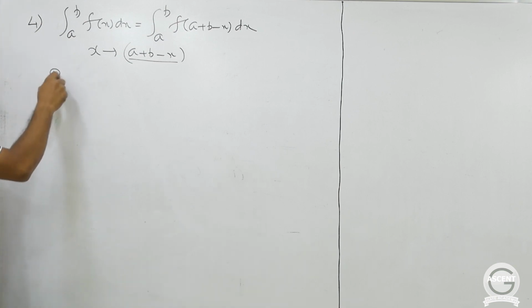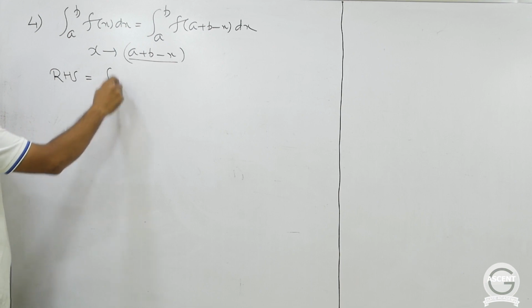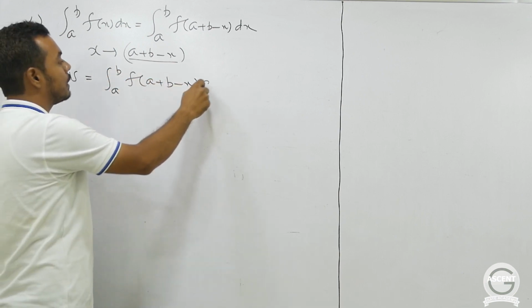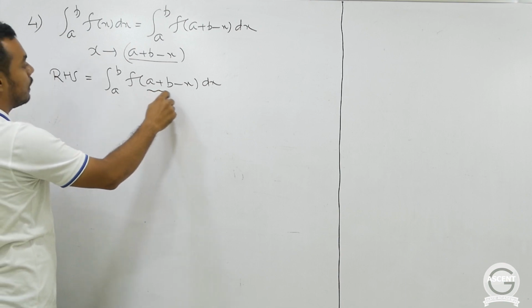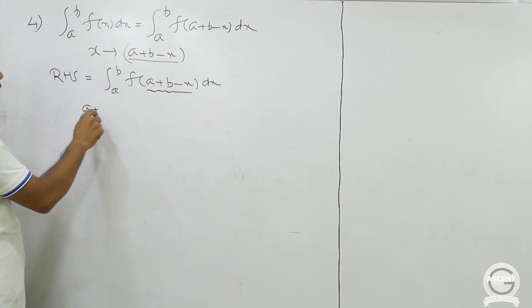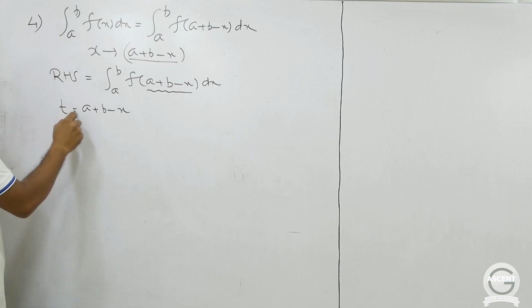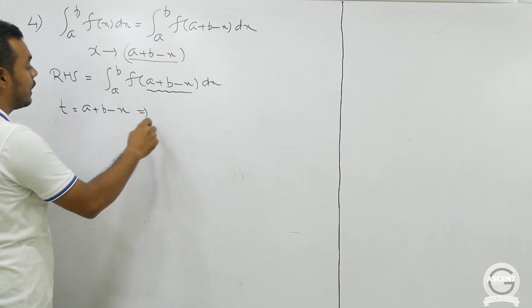Now it is very easy to prove this result. If you see, the right hand side is integration a to b f(a plus b minus x) dx. Now if I want to get the left hand side from here, the substitution that you need to do is a plus b minus x equals t. In place of a plus b minus x I will write t.